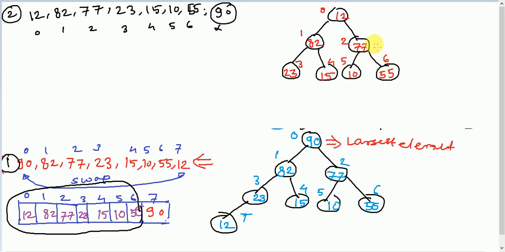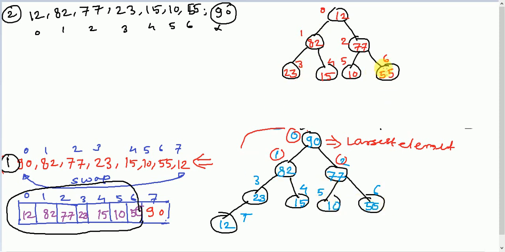Now look here very carefully. The first time we called the heapify function, we constructed the heap like this. So apart from the 0th parent, the other parents follow the property of max heap, because we have just changed the 0th parent. The remaining heap, you can see the structure is the same: 82, 23, 15, 77, 10 and 55.